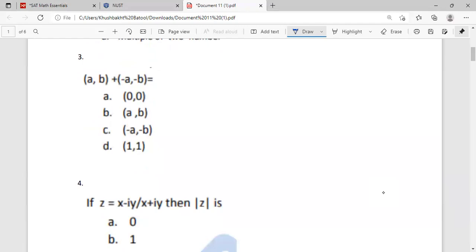So let's talk about the third question. The third question has two ordered pairs that are being added. For ordered pairs, let's say x1, y1 is our first ordered pair and x2, y2 is our second ordered pair. When they are being added or subtracted, we need to be careful that we work order-wise.